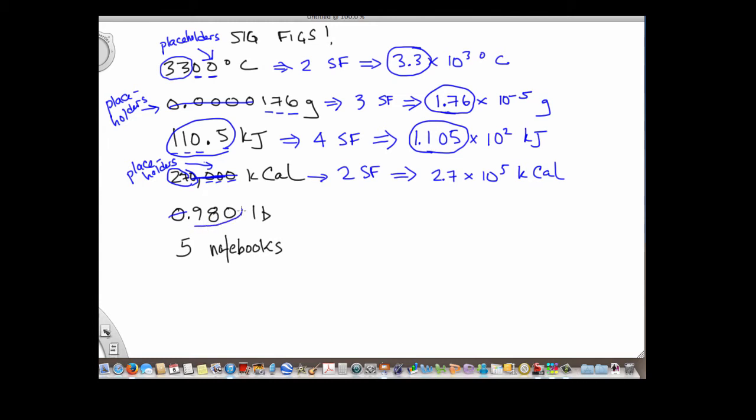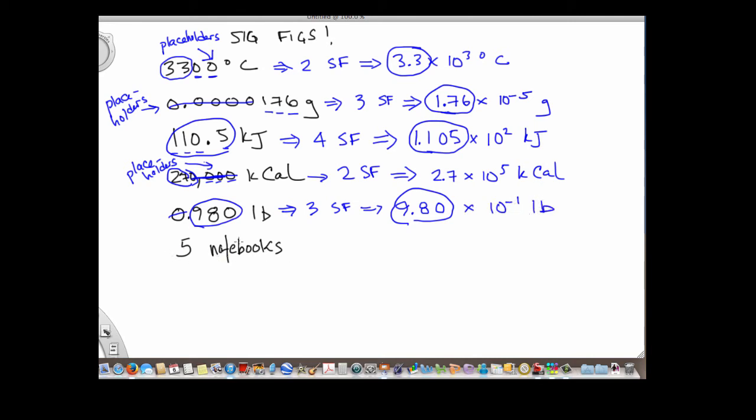So all three digits here are significant. If we wanted to rewrite this in scientific notation, we would write 9.80. We have to keep this zero to have three significant figures, times 10 to the minus 1 pounds.